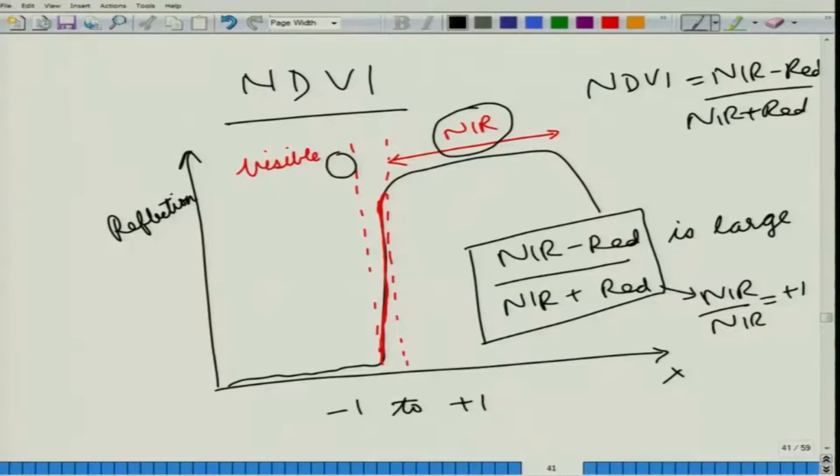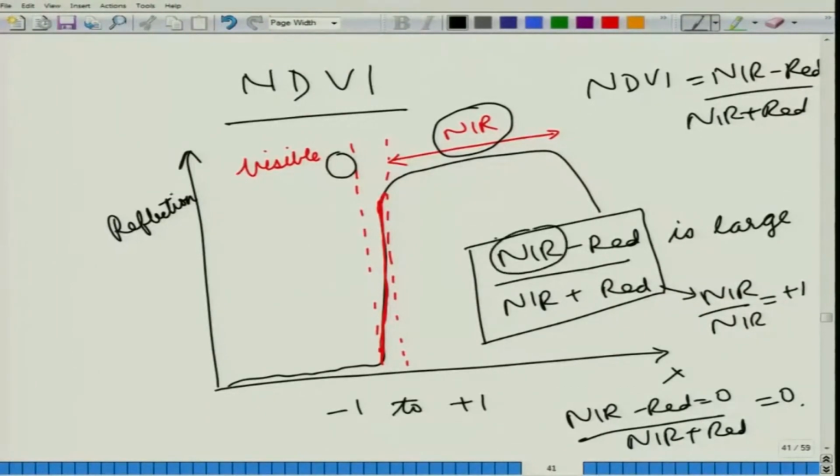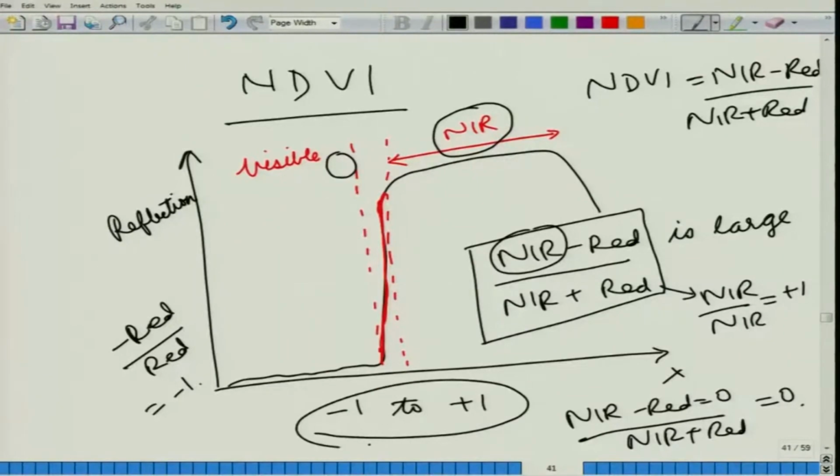In that case we would have NIR minus red, which is equal to 0, divided by NIR plus red. So, this whole value will become 0. On the other hand, suppose our NIR value itself was 0 and red was having some positive value. In that case we would have the value as minus red upon red, which will be equal to -1. So, the range of the values of NDVI goes from -1 to +1.